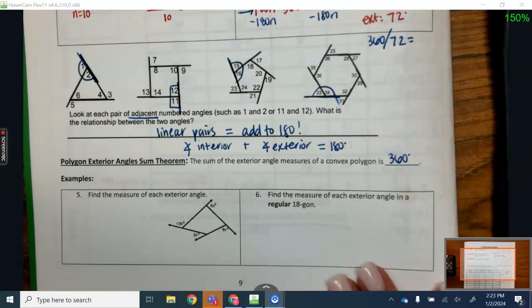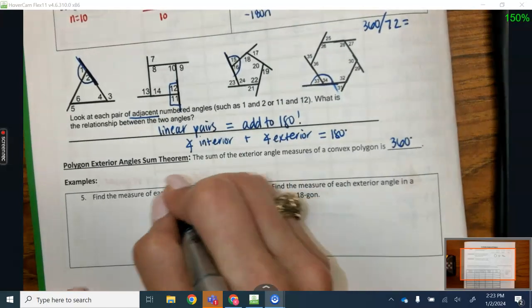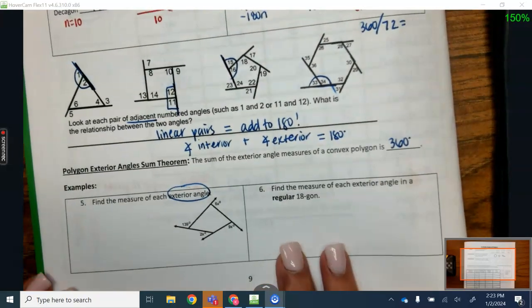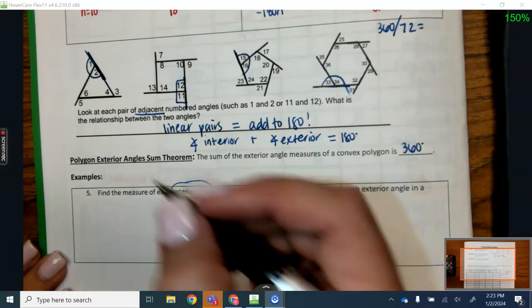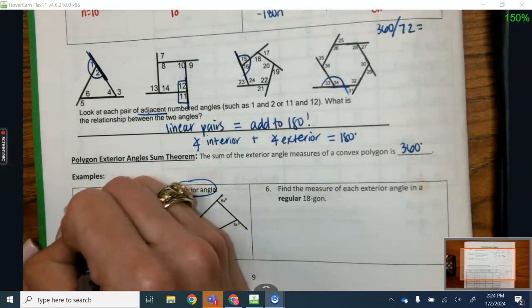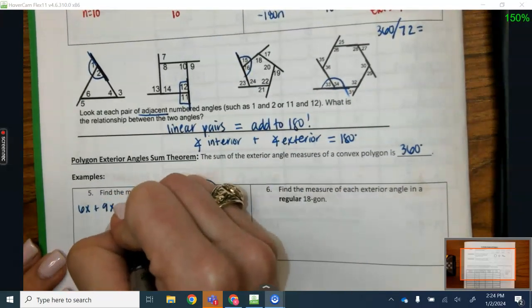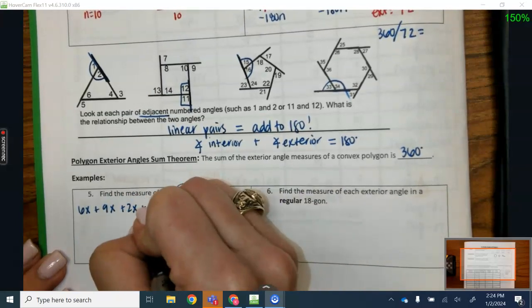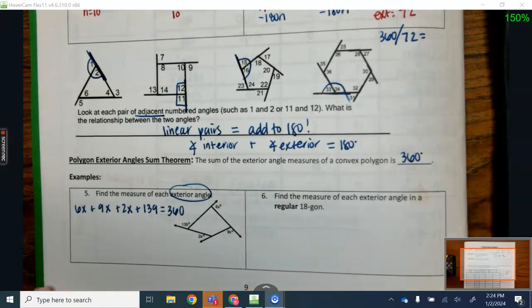Okay, I'll show you a couple more examples. Number 5, find the measure of each exterior angle. We know that they all add to 360, no matter the number of sides. So if I take 6x plus 9x plus 2x plus 139, it's going to total to 360 degrees.